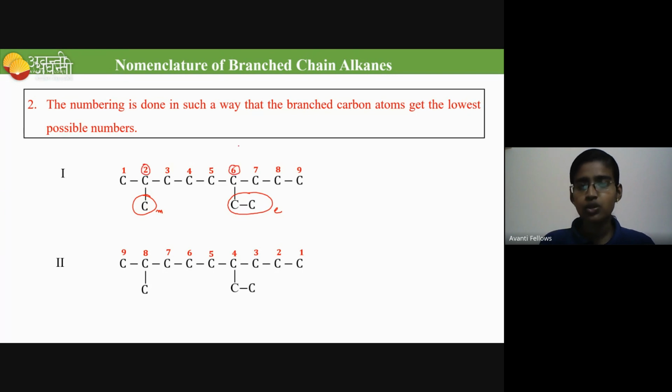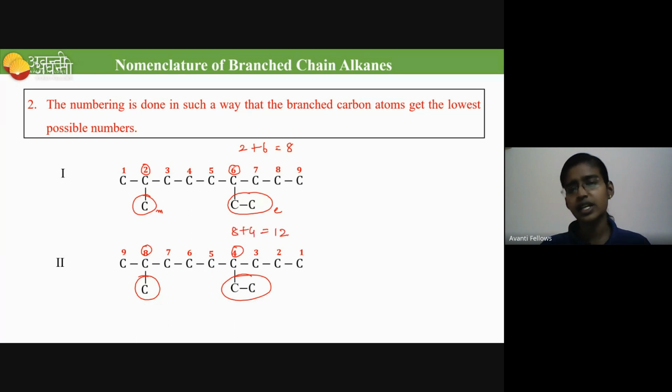Now you add those 2 numbers. 2 plus 6. What is 2 plus 6? 8, right? And if the parent chain is numbered from right to left, then also you have to check the numbers. Here we are getting 8 and here we are getting 4. So what is 8 plus 4? 8 plus 4 is 12. So which is the correct way of numbering?